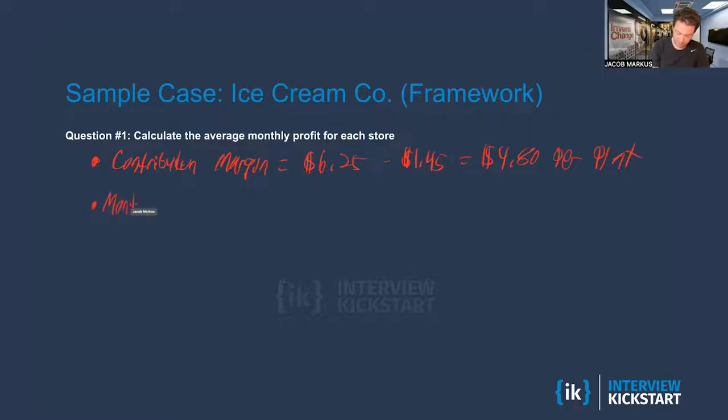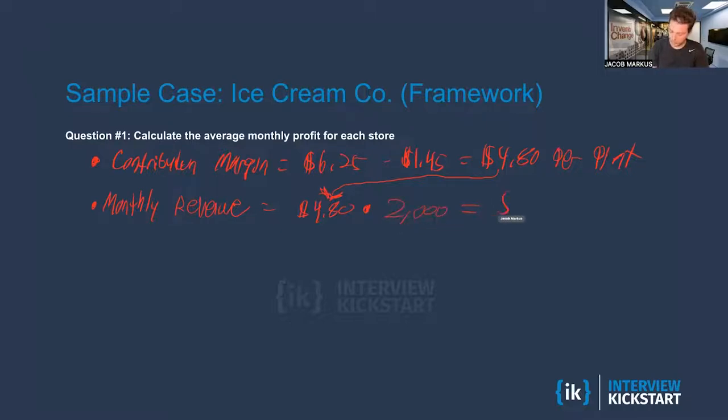Monthly revenue. So that's going to be the contribution margin, which is $4.80. And this is the way I like to go line by line, bringing each number down, sanity checking it, and talking through any insights. So that's the $4.80 times how many pints, which we were told is 2,000 pints of ice cream.